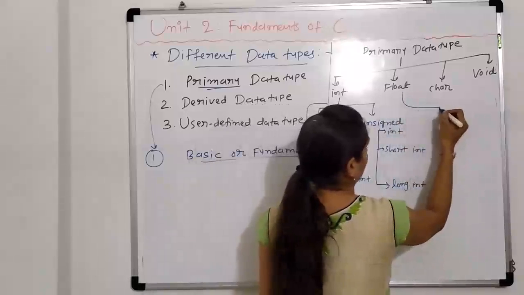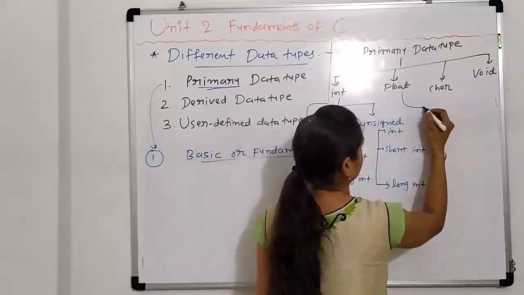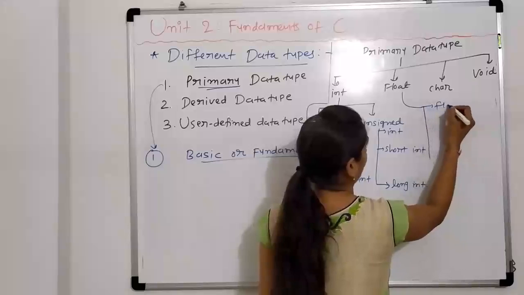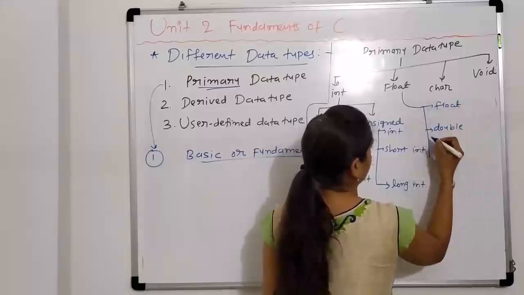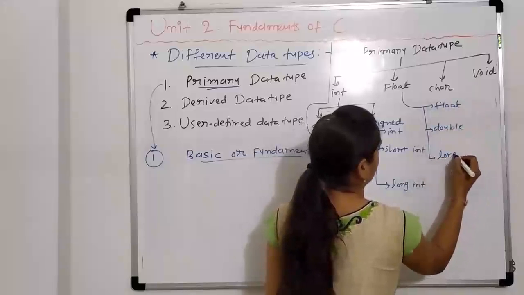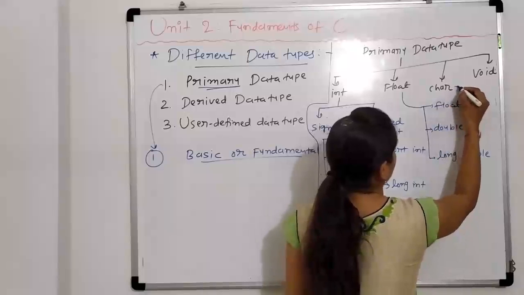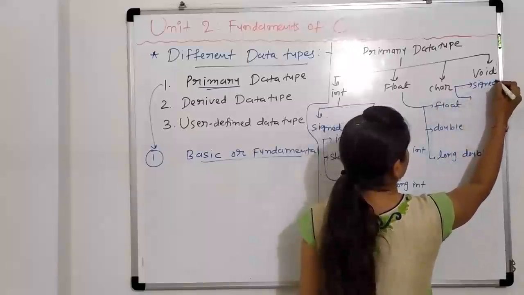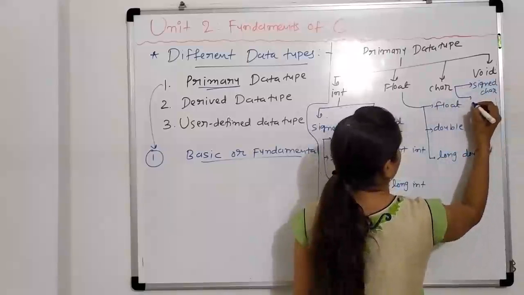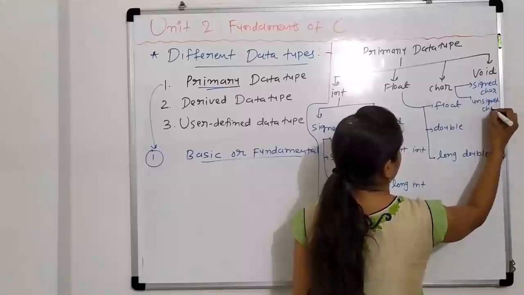Now float. Float is divided into three categories: float, then double and long double. Character is divided into two parts: signed character and unsigned character.